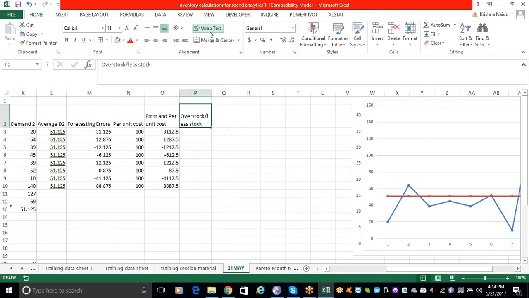So guys, please tell me which is overstock and which is less stock scenario, one by one. Overstock first. First is overstock, and okay, good.